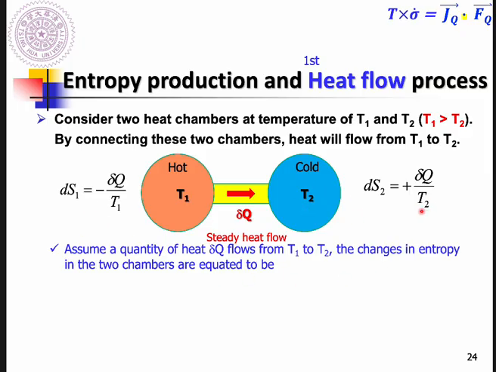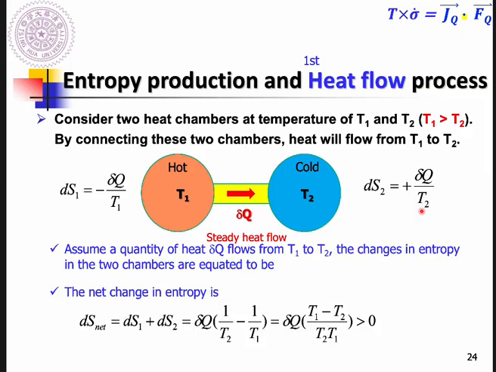So we can sum them together to get the total entropy change for the system. The net change in entropy, we just simply sum them together. So we got this equation, and we simplify it to here: T1 minus T2 divided by T2 T1.